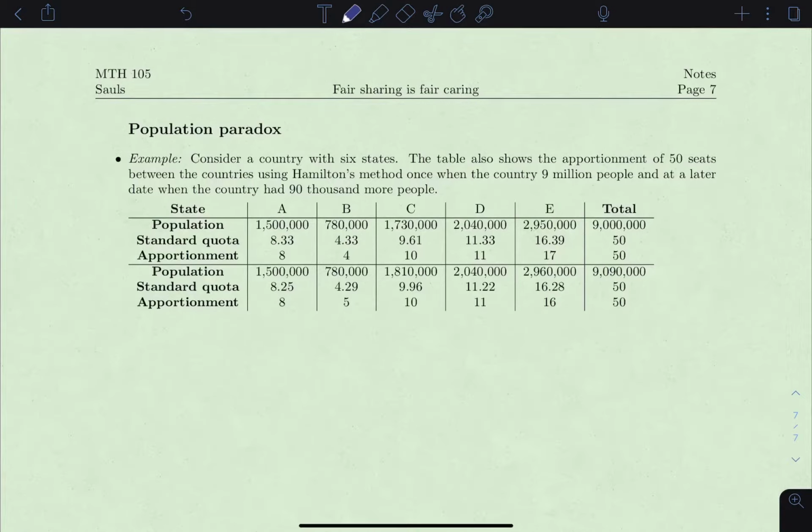Welcome, welcome. We're on page 7 of the apportionment notes, and in this video we're going to talk about something called the population paradox.